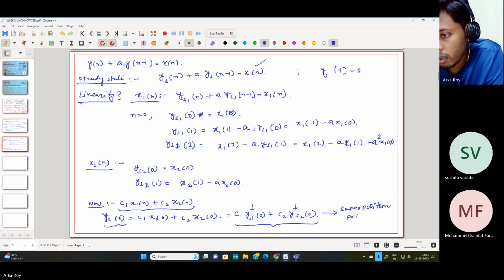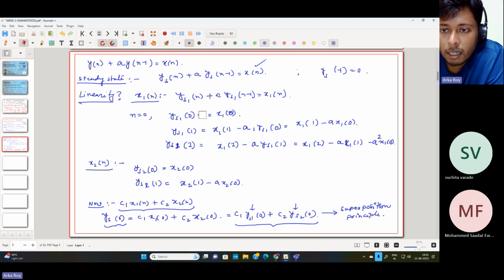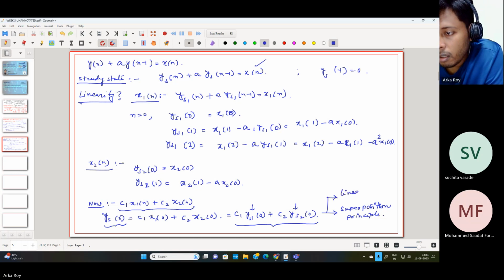And because a system which obeys the superposition principle is a linear system, we can comment that the system is a linear system.